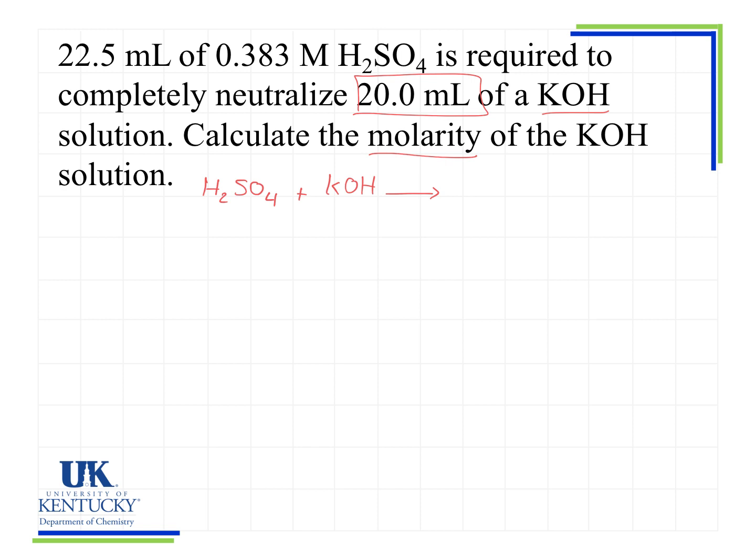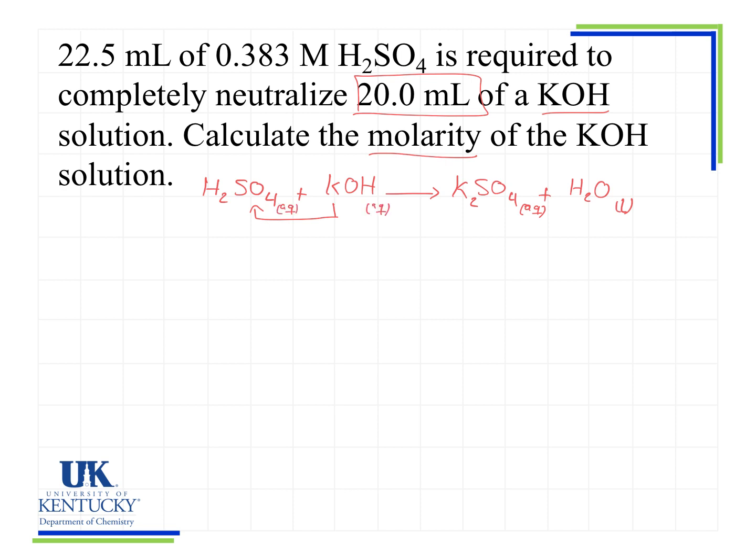Salt and water. So what is our salt? We have the cation from the base, potassium, and the anion from the acid. So we have KSO4, and you know it's 2 minus and 2 plus, so it's K2SO4, and it makes water, H2O. So this is aqueous, this is liquid, and these two are aqueous.